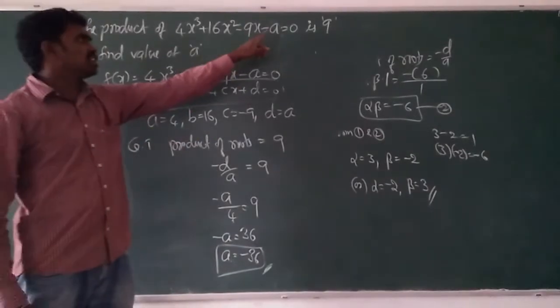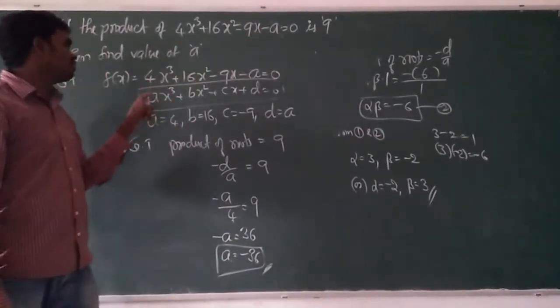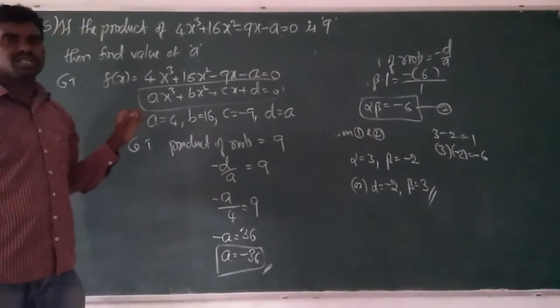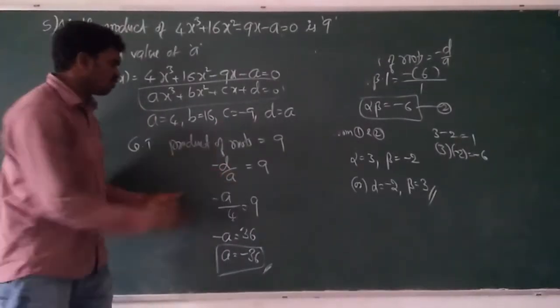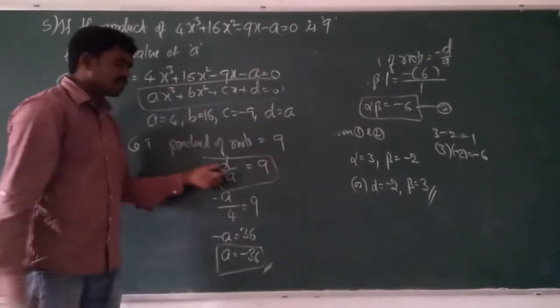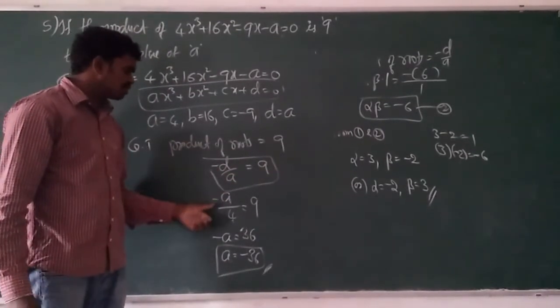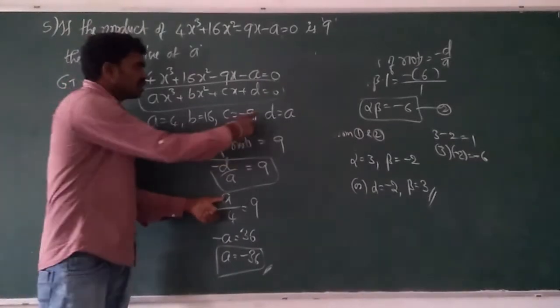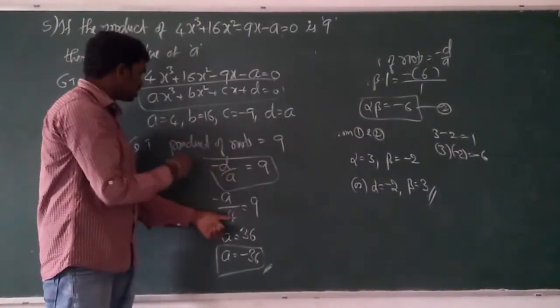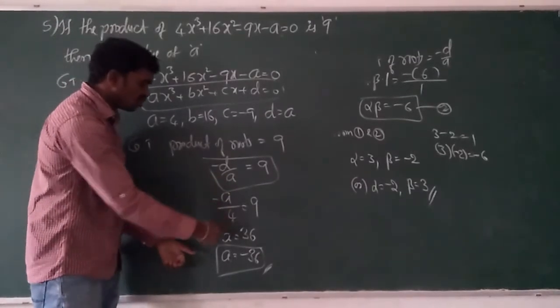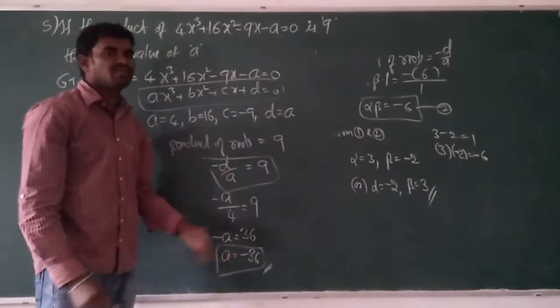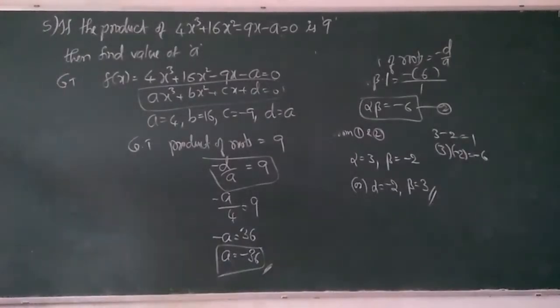In the question, a is different from the general form a. Minus d by a is the formula, where d means a, and the denominator a means 4. So solving this, we get what we need.